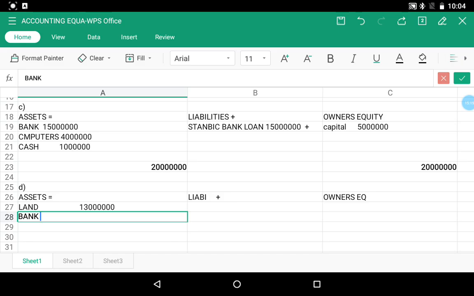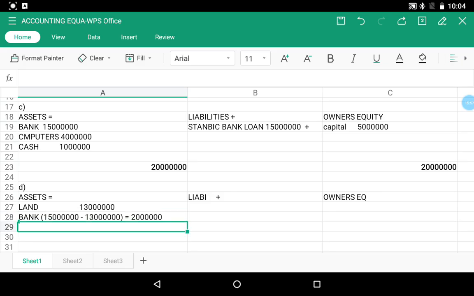So under bank we are going to have our 15 million. We less 13 million, the one we used to buy land. So we shall remain with 2 million. That means under bank, after purchasing the land, on bank account we remained with 2 million.